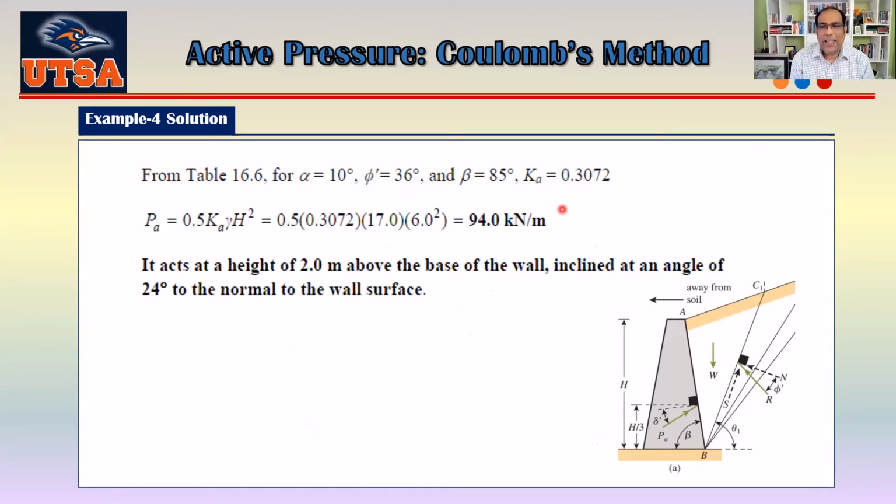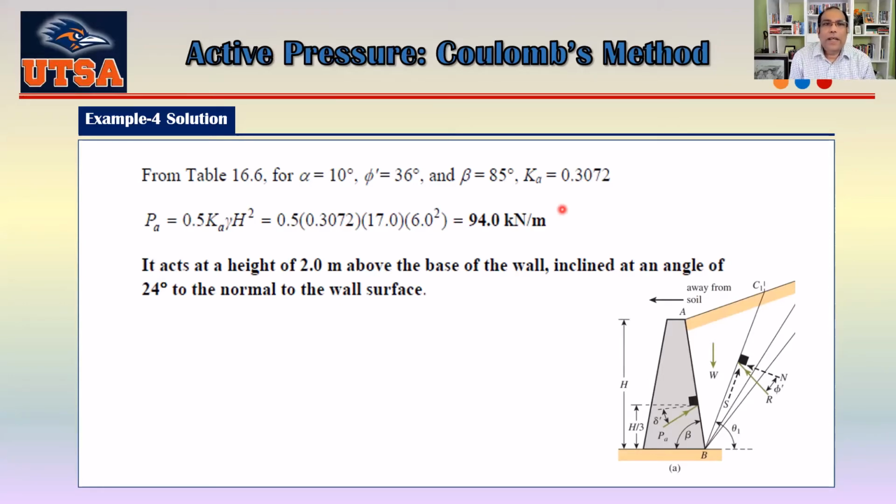Now, the difference between Rankine's method and Coulomb's method in terms of the active force is that in both cases, the force acts at 1/3 from the bottom if it is a triangular distribution.